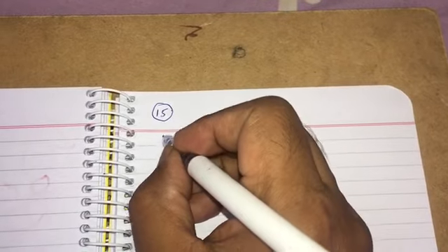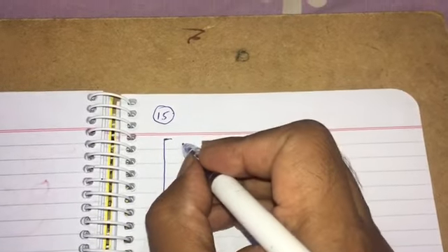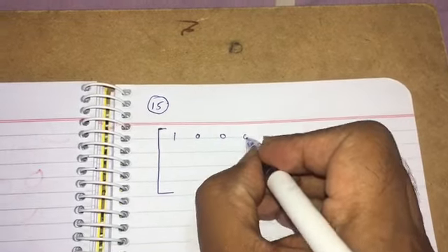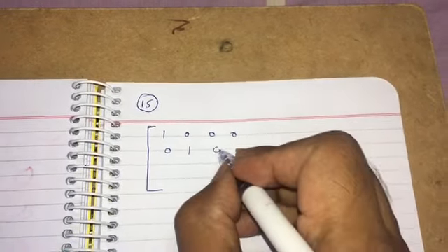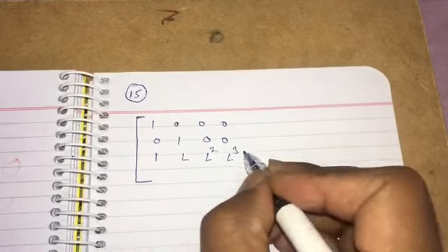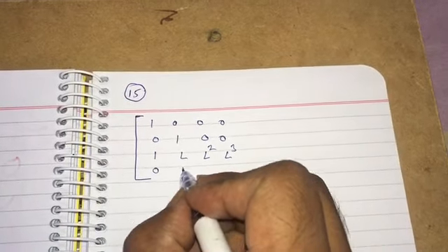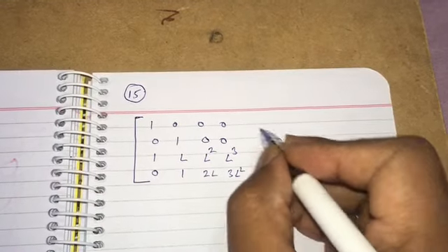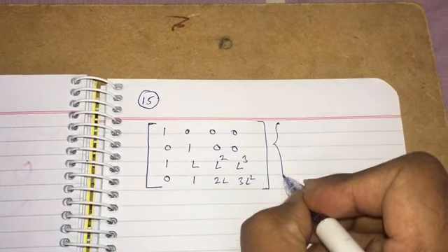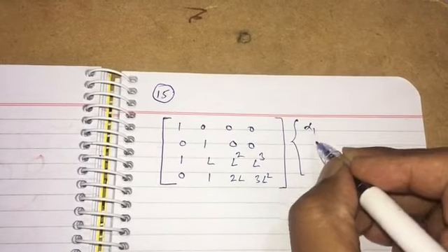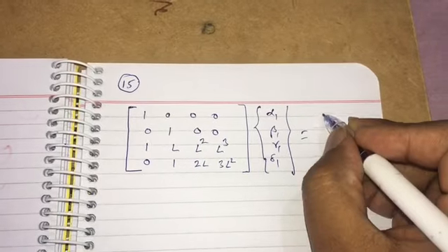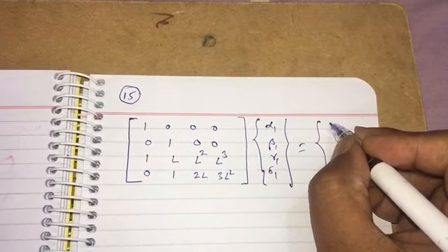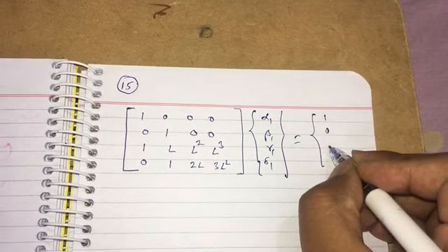For N1 we had the equation: the matrix with rows [1 0 0 0], [0 1 0 0], [1 L L² L³], [0 1 2L 3L²], multiplied by [alpha 1, beta 1, gamma 1, delta 1], and everything equal to [1 0 0 0].